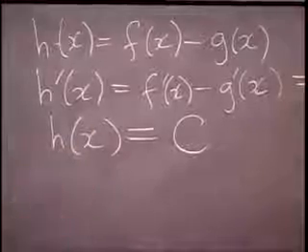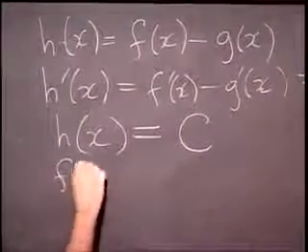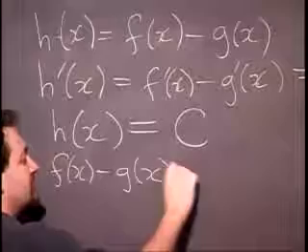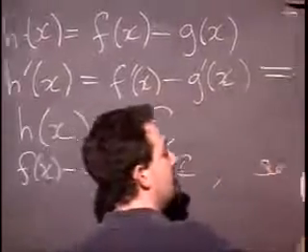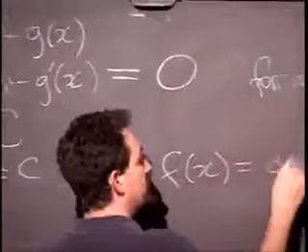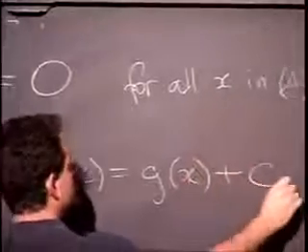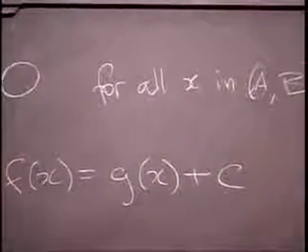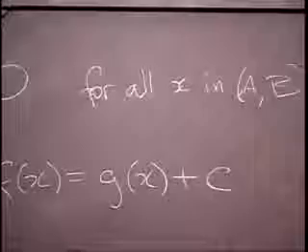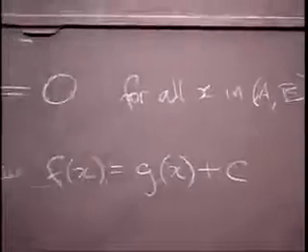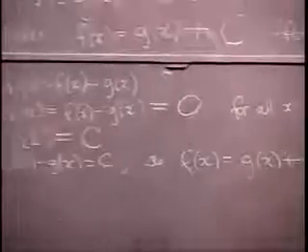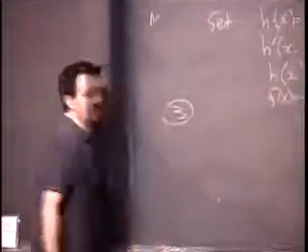And of course, this means that f of x minus g of x is c, so f of x is g of x plus c. And that is the proof. Okay? Again, you probably don't need to know that. I've never seen a question asked exactly like this, but anyway, it didn't take very long, and it's kind of important. Any questions about either of those two?